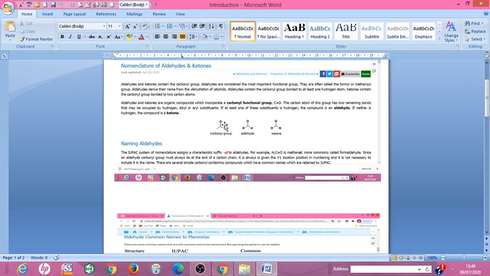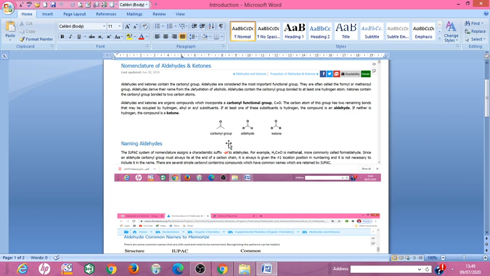Hence, the pair of electrons present in the pi bond withdraws towards itself and forms partial negative charge, and carbon carries partial positive charge. The nucleophilic addition takes place on the carbonyl carbon and trigonal planar geometry converts into tetrahedral, because sp2 hybridization converts into sp3 hybridization.